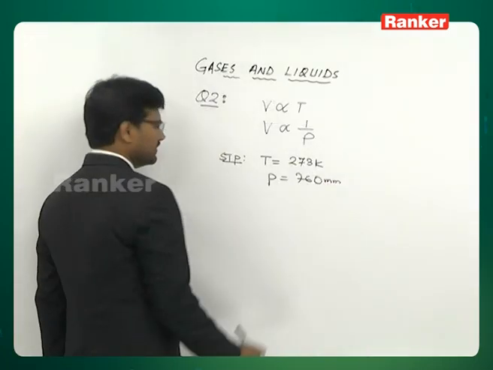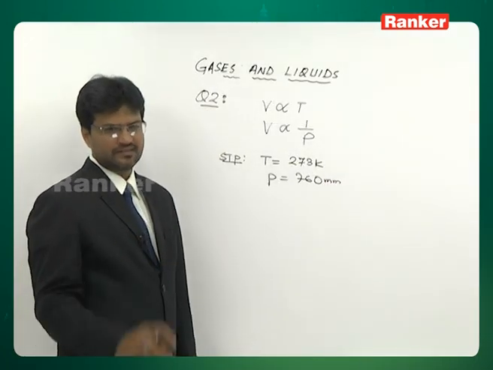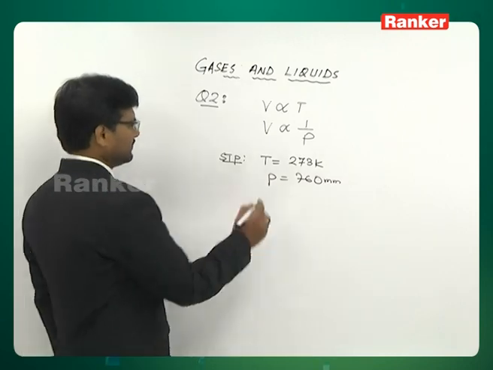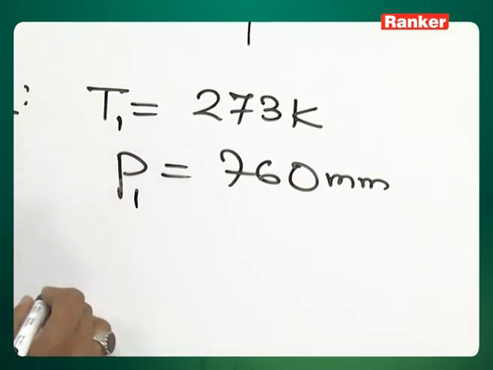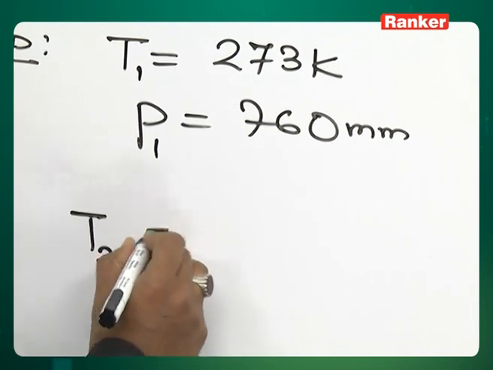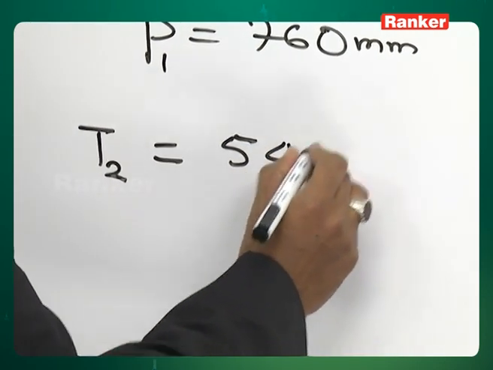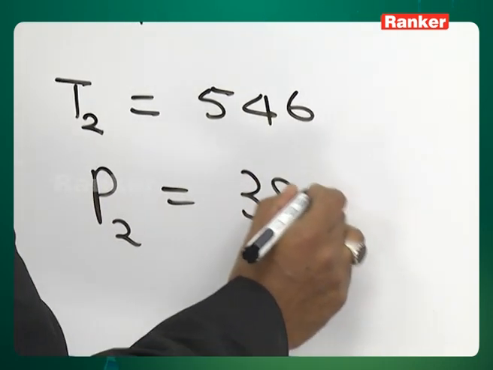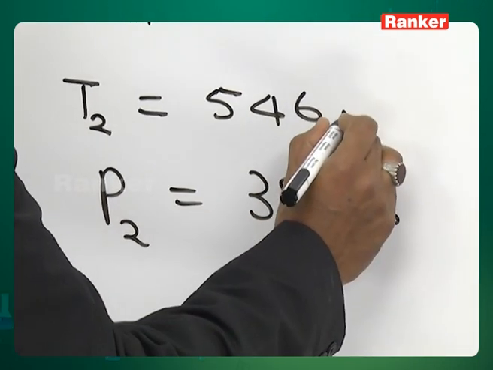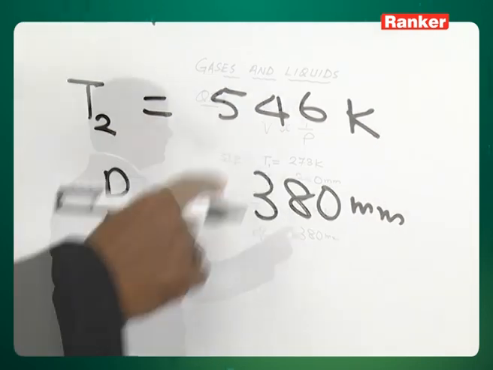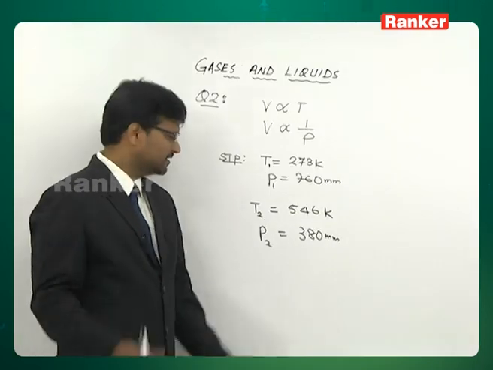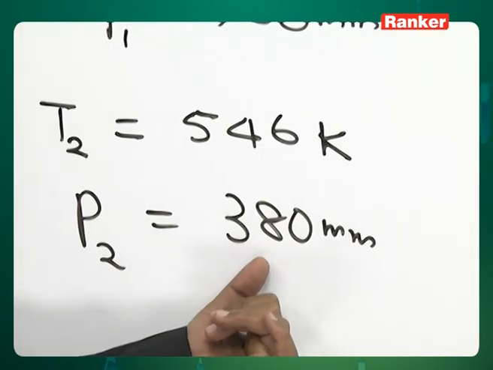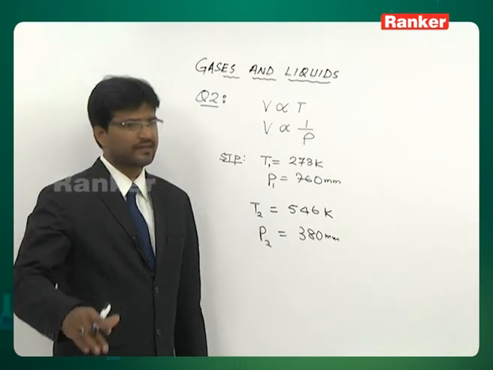These are STP conditions. Now what you have done is you have doubled the temperature. This is T1 and P1. Now T2 is you made it 546 and P2 you have halved it, 380 mm. So due to doubling of temperature, volume doubles, and due to decreasing the pressure to half, volume again doubles.